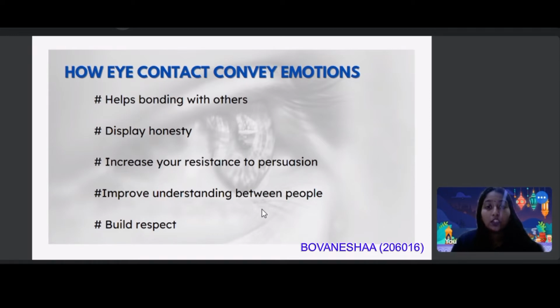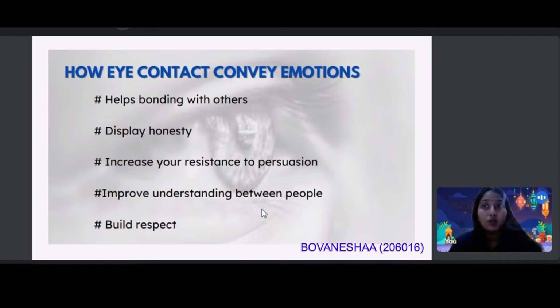And display honesty. When you are talking to someone directly through your eyes, making very clear eye contact with them, it displays your honesty. When you are saying something not very honest, you won't look into their eyes. The third one is increasing your resistance to persuasion. The fourth one, improving understanding between people.